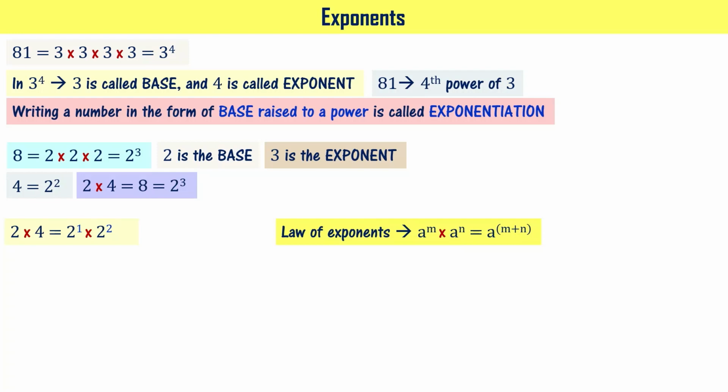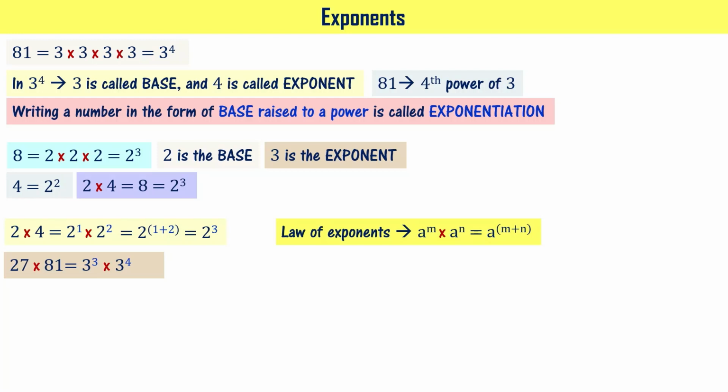And the law of exponents says that when you have a power m times a power n, that can be written as a power m plus n. If that is taken into consideration, then I can write 2 power 1 times 2 power 2 as 2 power 1 plus 2, that is equal to 2 power 3. This is how you can make use of the law of exponents to simplify certain mathematical expressions.